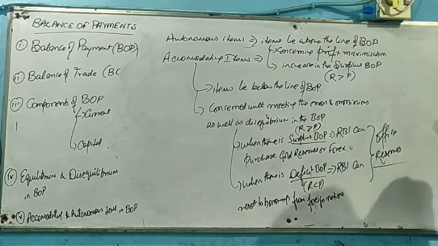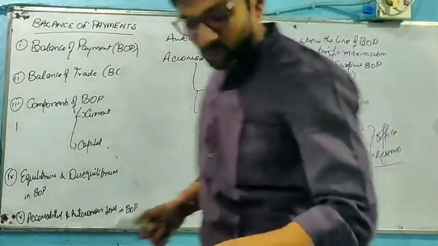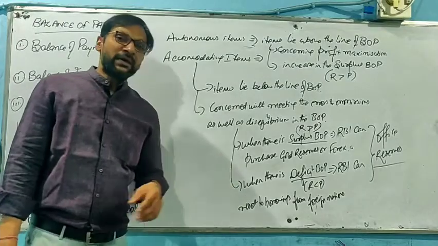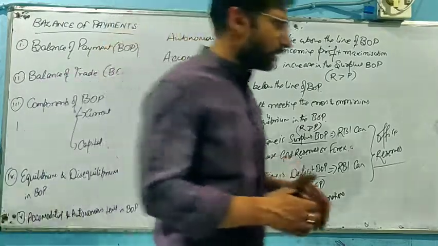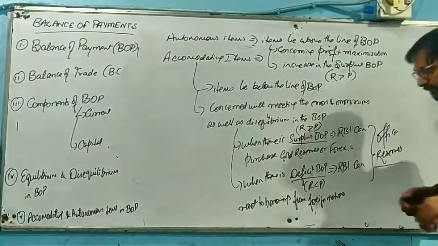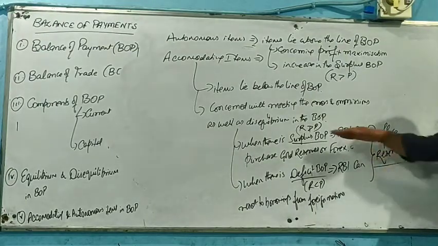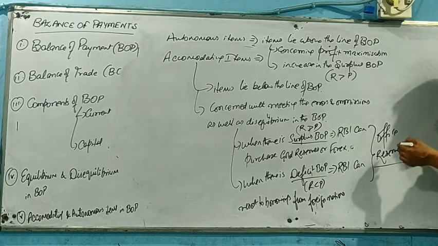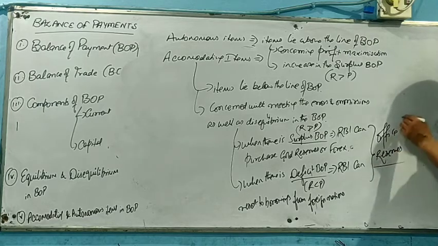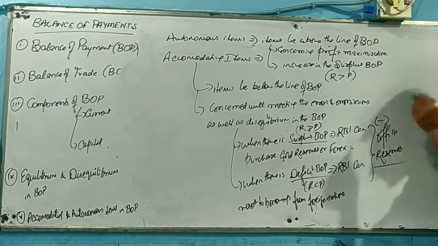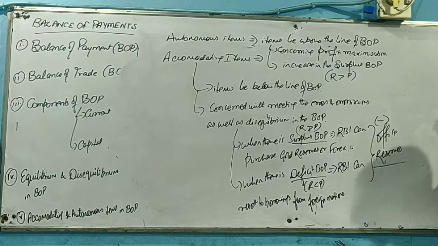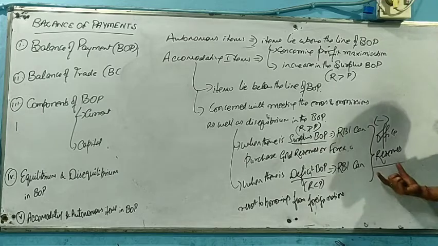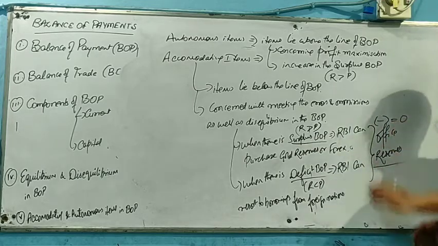It means official reserves are those reserves that are maintained by RBI and it is used to balance the equilibrium of BOP. It means whenever there will be surplus BOP, the equal amount of official reserve will be shown as a negative amount so that the sum of surplus BOP and official reserve together will make it zero.